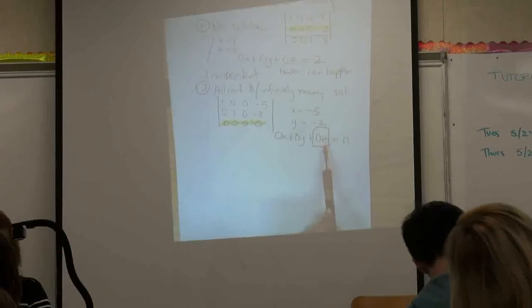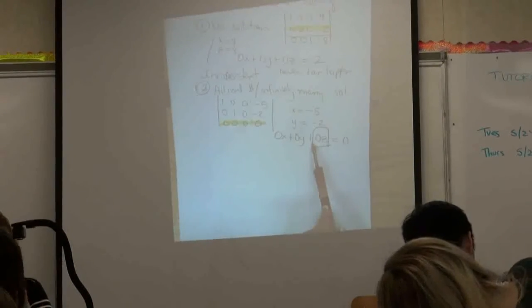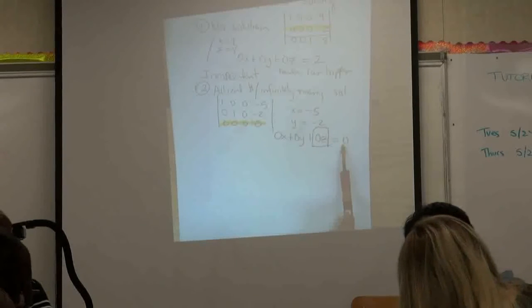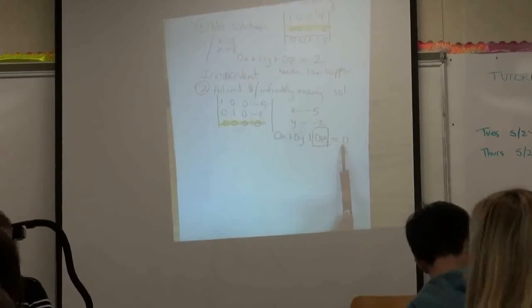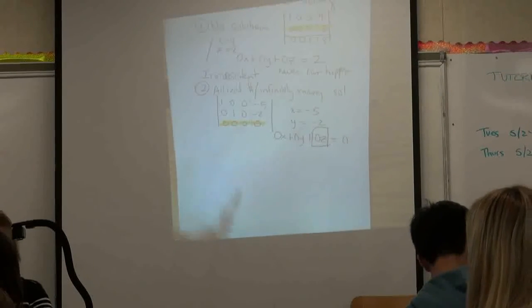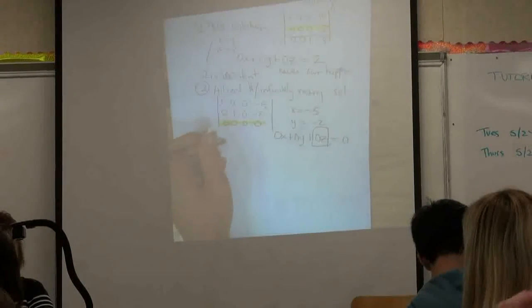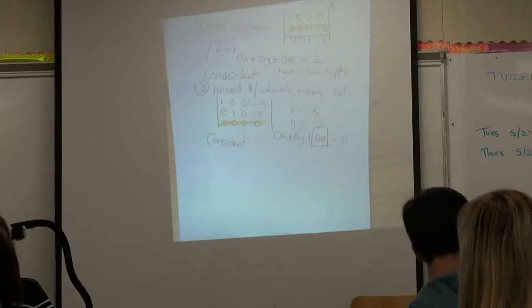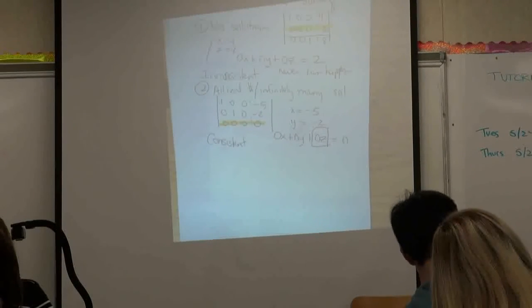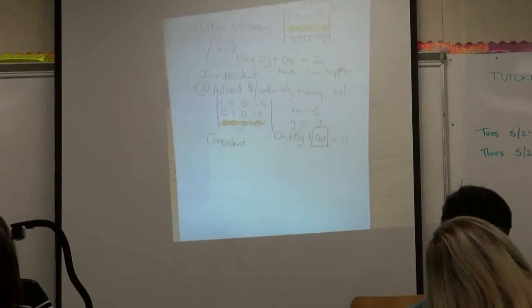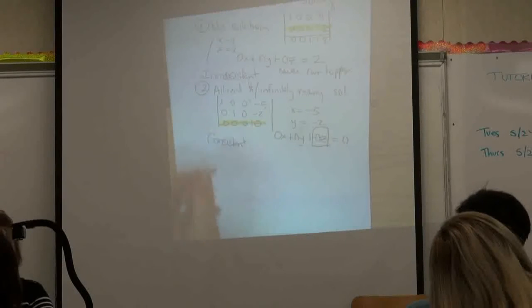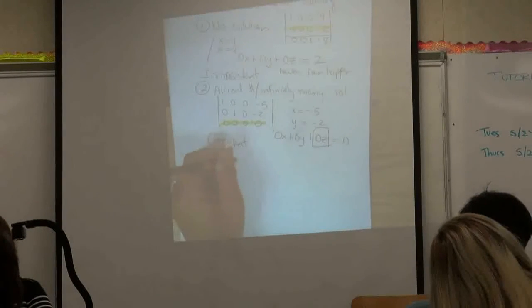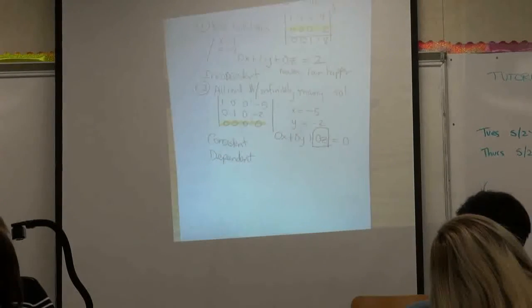Because no matter what z is, if you multiply it by 0, you will get 0. And so this system is consistent. And is it dependent or independent? Dependent.